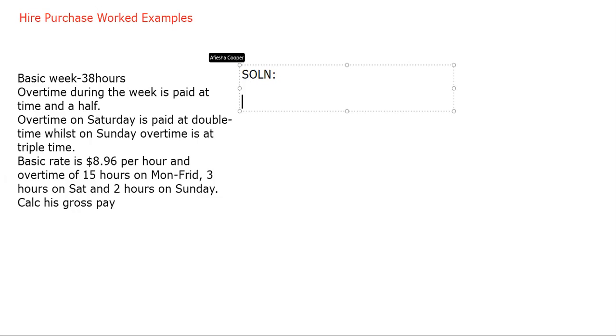And now we do the third step to get to working it out. So we work out his basic wage. And his basic wage will be for the week, right? Which is your basic rate multiplied by your basic hours.